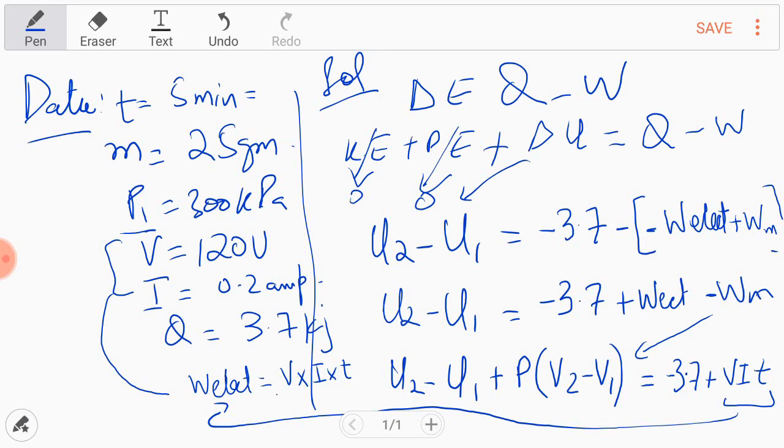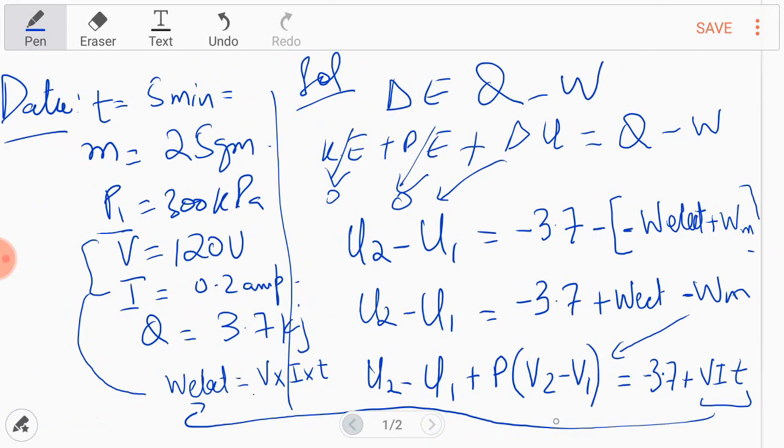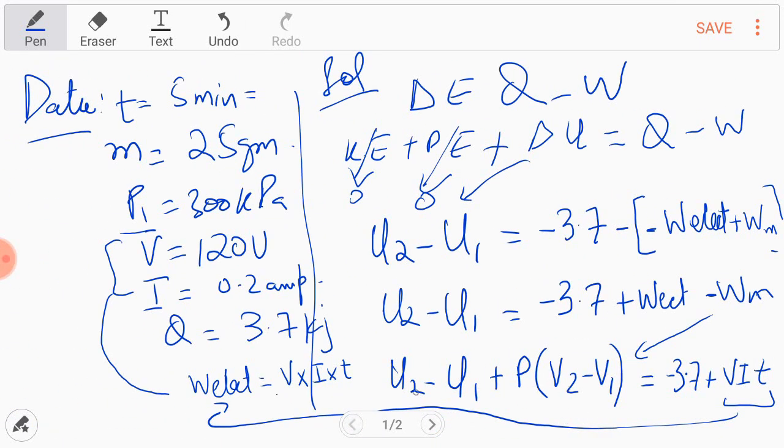So we can take the basic equation of work, that is P delta V, and now we are arranging this equation in the next form. We can write u2 with PV2 and write u1 with PV1.